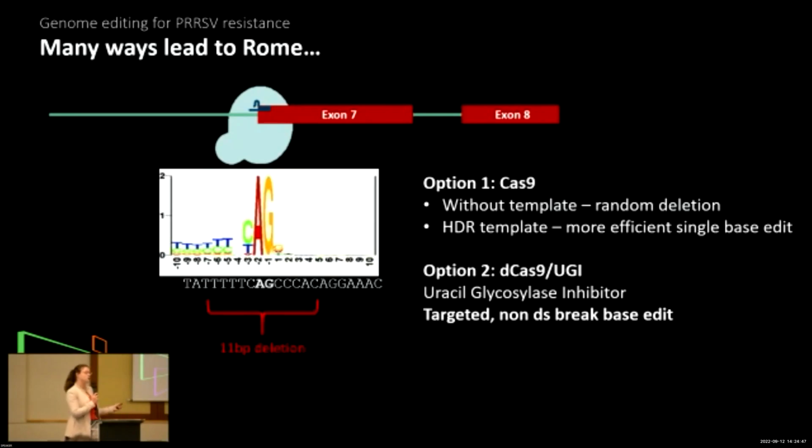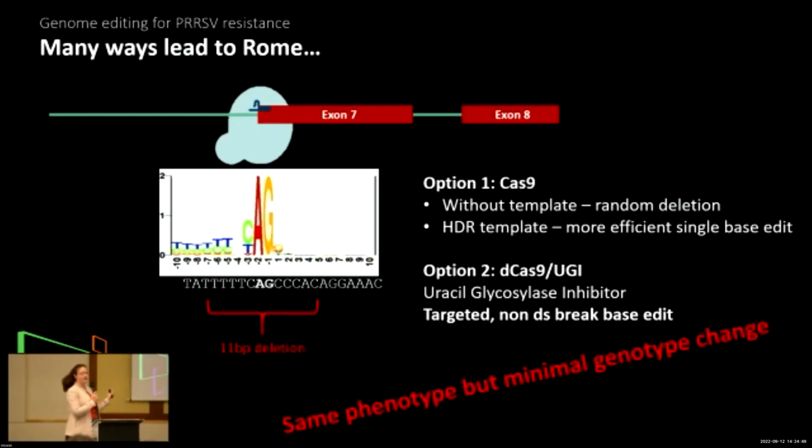And lo and behold, this has the same phenotype and the same reaction to viral challenge in vitro, but a minimal change. And we have since made this edit with an HDR template to only change the G. And once again, we're at the same phenotype with a slightly different genotype.